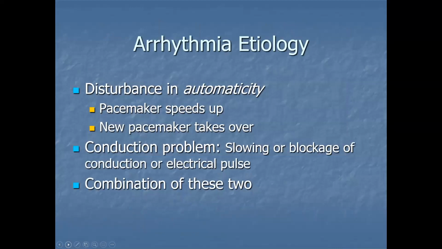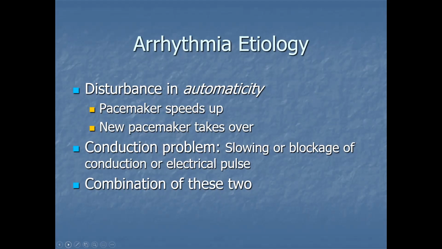So, the arrhythmia or dysrhythmia etiology. There's some combination, either individual or a combination, of at least three things going on. There's a disturbance in the automaticity. In layperson's terms, we don't think about our heart beating. It beats automatically, and we have these pacemakers that we talked about, AV, SA, et cetera.